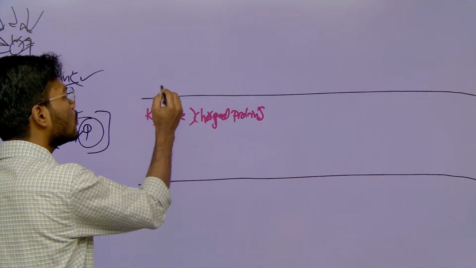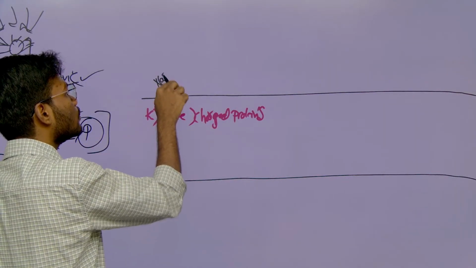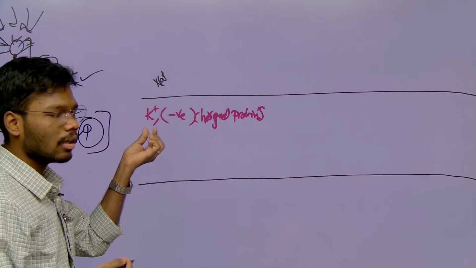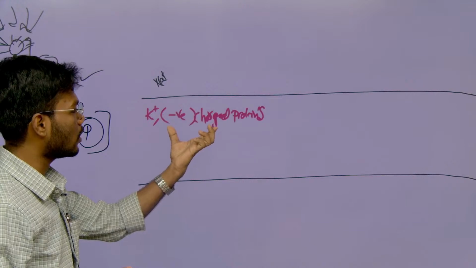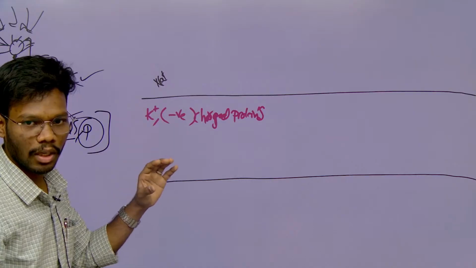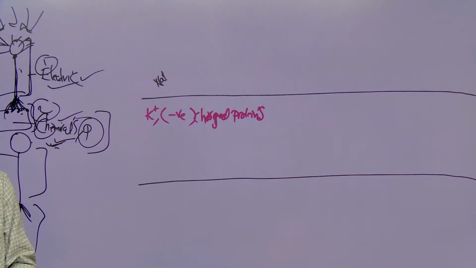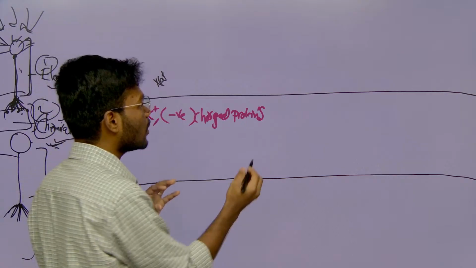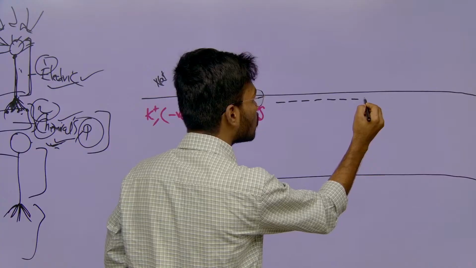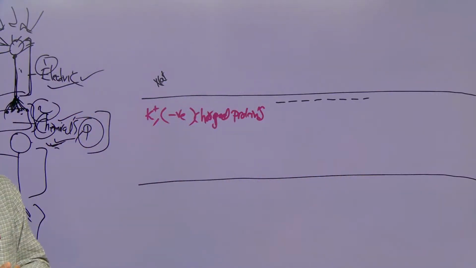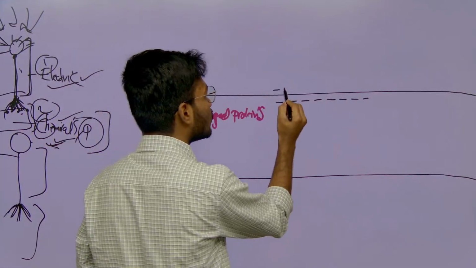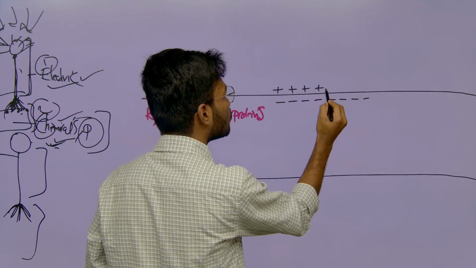Outside, we have sodium. So K plus is there inside, and a large amount of negatively charged proteins. Initially, in the resting membrane, which is the normal state, the inside is negative, because there are more negatively charged proteins. And outside there is more sodium, so it is positive.